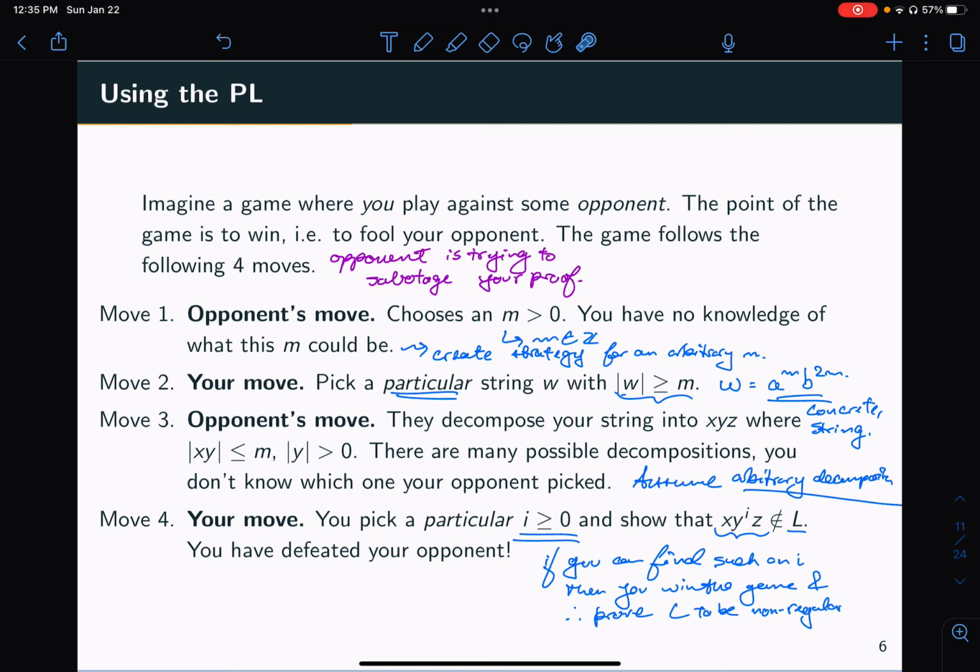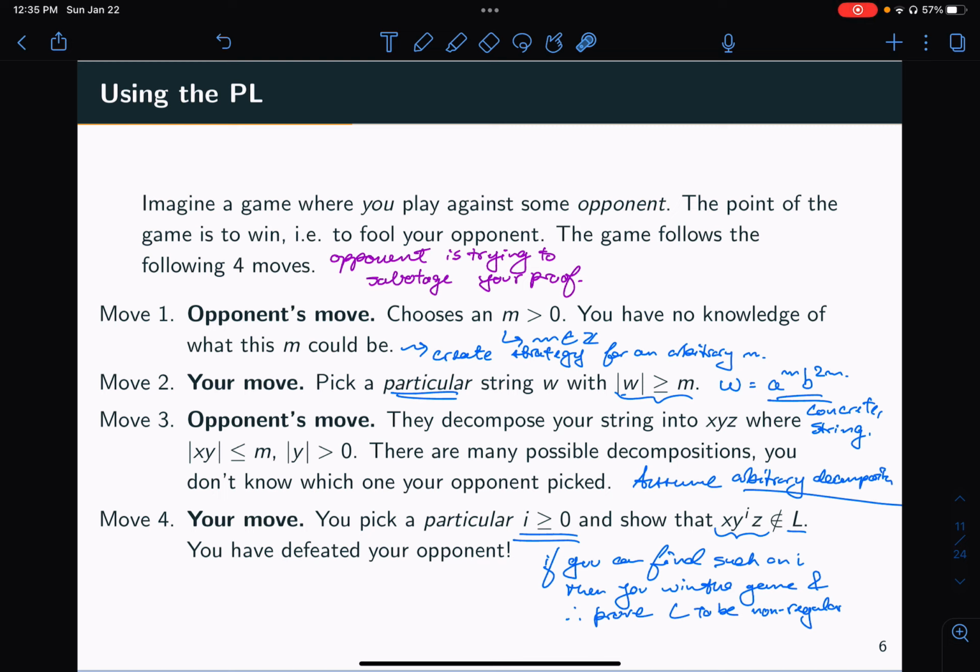Namely, you can't decide what your opponent does. Your opponent is some genius you're playing across the table. You can't change their mind. They're a very brilliant mathematician.